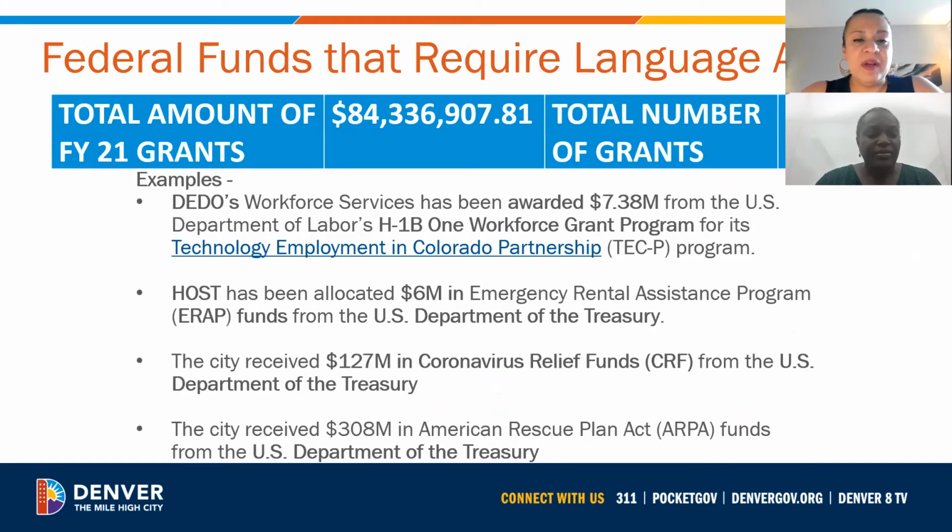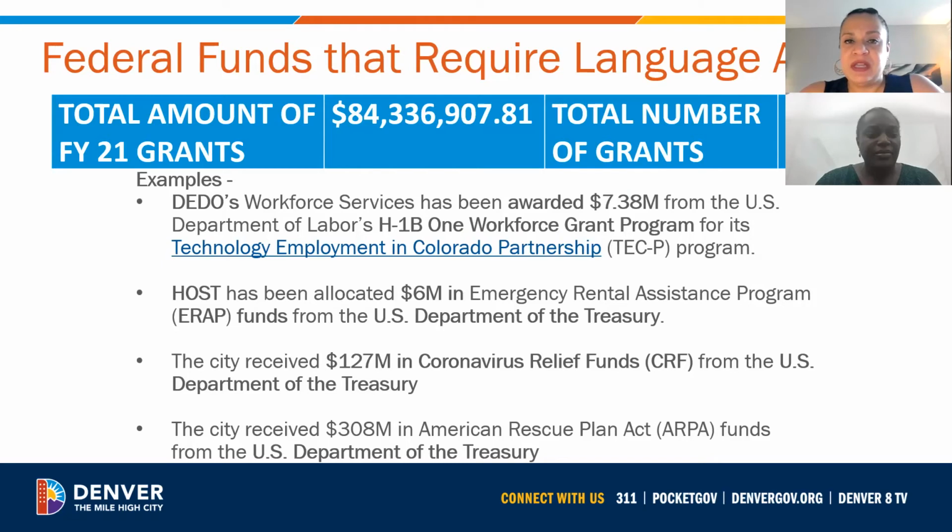So I did a bit of research on usaspending.gov. Now, this does not include coronavirus relief funds or the American Rescue Plan Act funds, or partial or sub-award grants that we receive from the state. But for the total amount of fiscal year 21 grants, it's about $84 million.